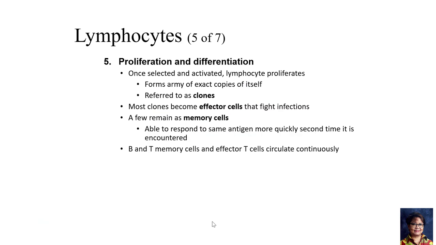So the clones, this is now the next one, proliferation and differentiation. Once they are selected and activated, the lymphocyte will now proliferate, and these proliferated lymphocytes are what you call the clones. Most clones are effector cells, and they are the ones that are actively fighting infection. But then after the battle, after the battleground has already eliminated your microorganism, then you don't need them anymore. And when you don't need them anymore, you don't want them staying in the area.